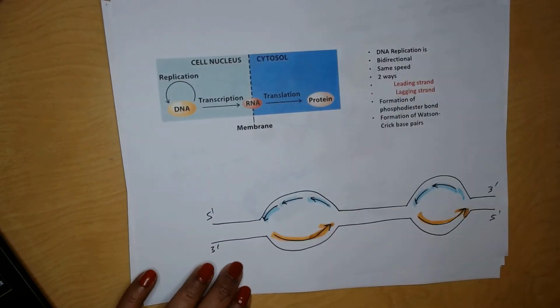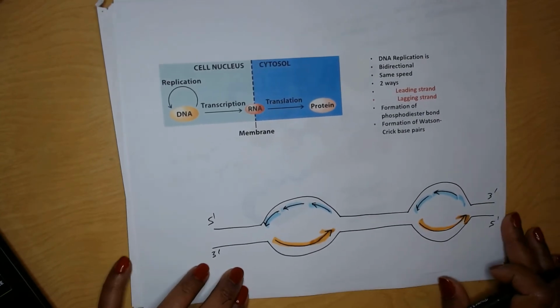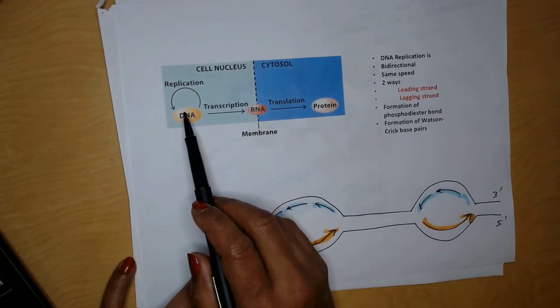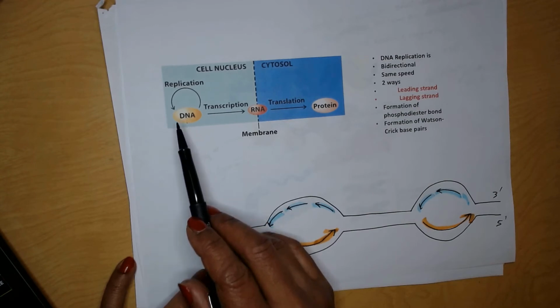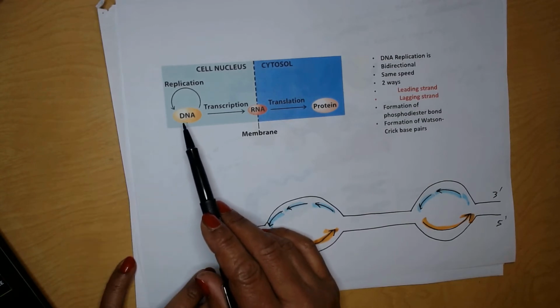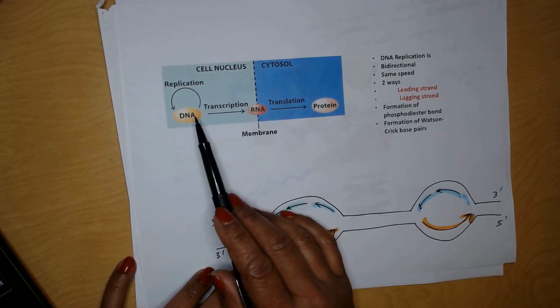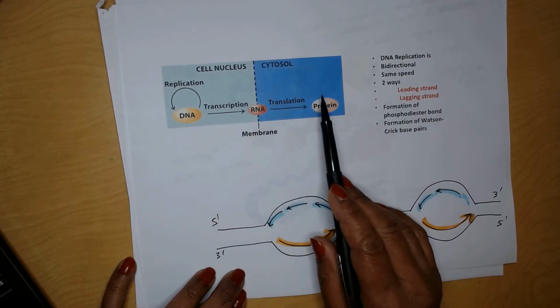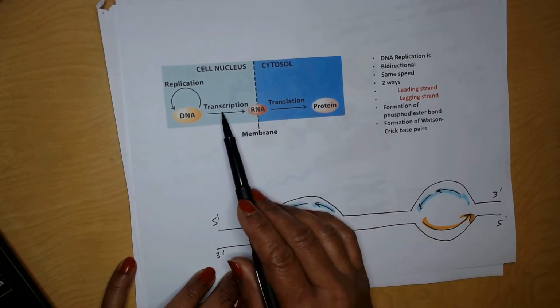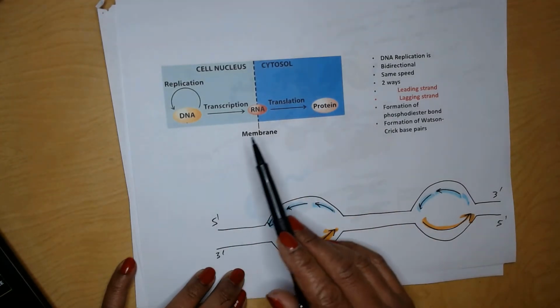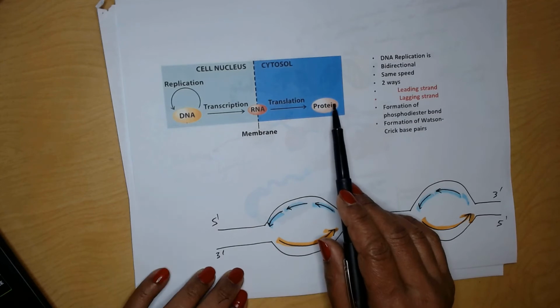Now, the molecular DNA is being replicated, or we are making a copy of it, in the nucleus of the cell. The function of DNA is to send the information from the nucleus to the cytosol, or let's say to the ribosome, where an RNA molecule, which is also a nucleotide, does the synthesis of the protein.